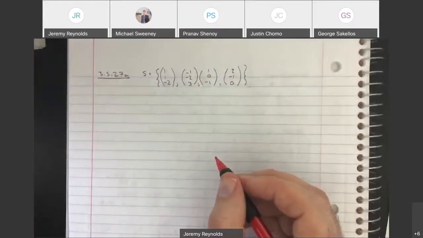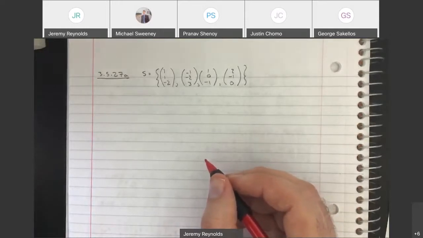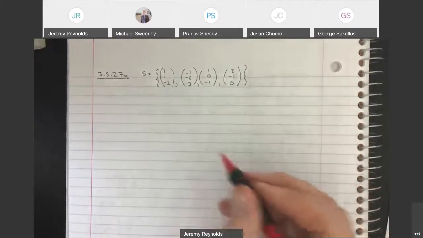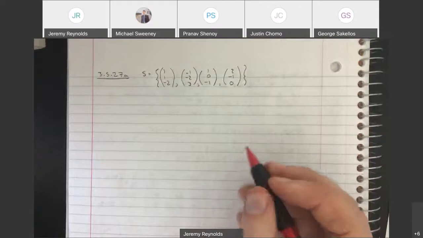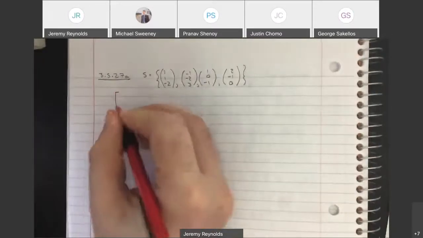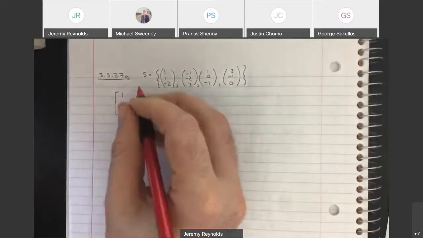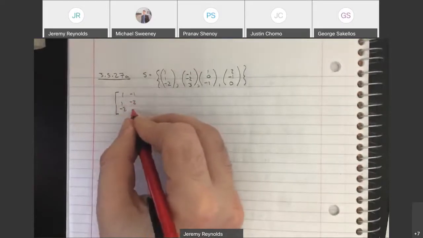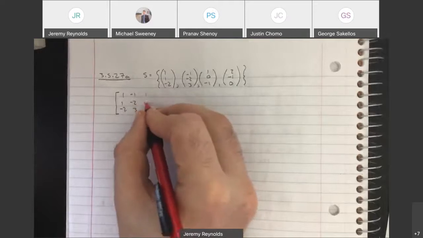It says find a basis and determine the dimension of the basis. To find a basis, I usually just use the method that I like. There are a few different methods you can use, but the method I like is to do the calculation as if we were finding the null space.